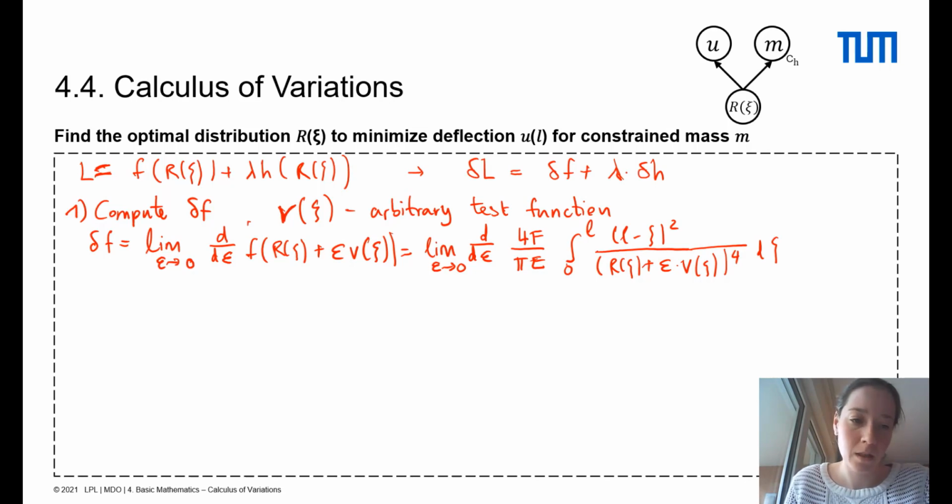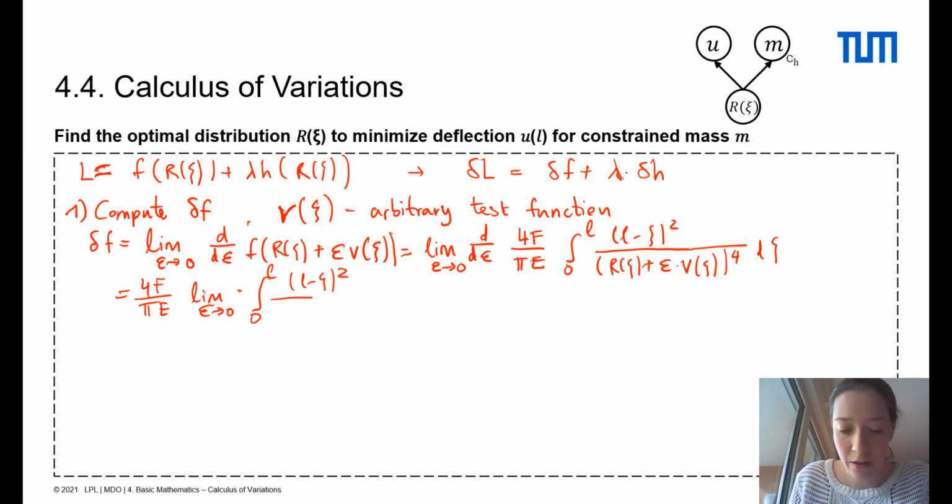Now we build the derivative with respect to epsilon, and we can pull that out because it's just a constant. We leave the limit. We still got the integral. We still got the first term.